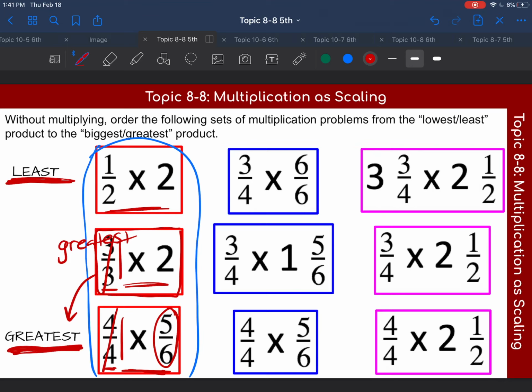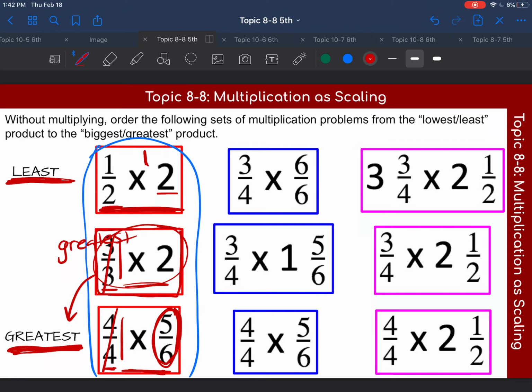Now we have the greatest one, and this one is equal to 5/6. We need to figure out what this one's equal to. A little hint: anytime we multiply by 1/2, it's the same thing as dividing by 2. So multiplying 1/2 times 2 is the same as 2 divided by 2, which is 1.